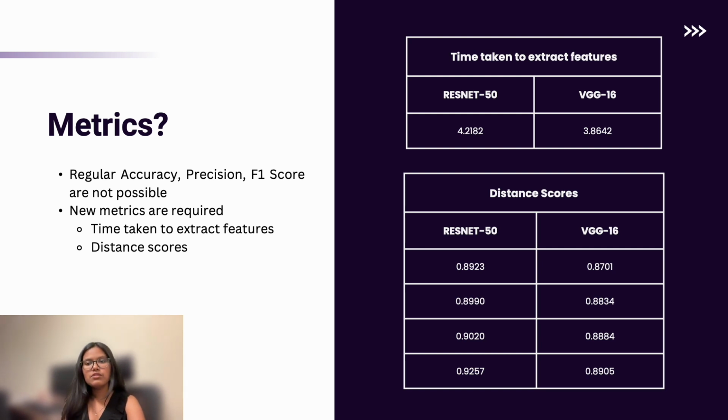On the first table, we can see that VGG16 performs better than ResNet50 by 1 second. And on the second table, we can see that the distance scores of VGG16 are lower than ResNet50. In both the cases, we can see that VGG16 performs better, and hence we stuck to VGG16 for our project.